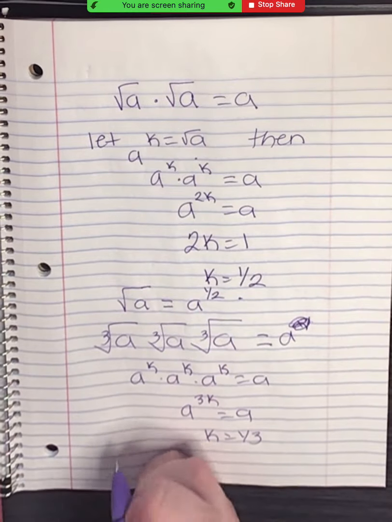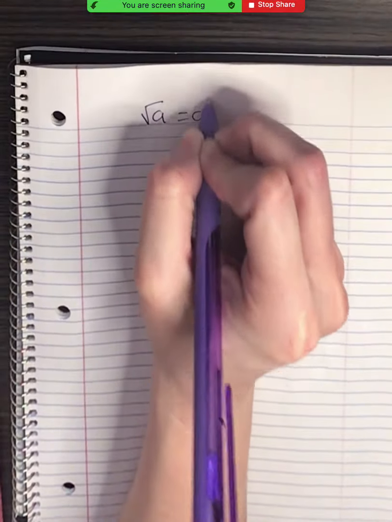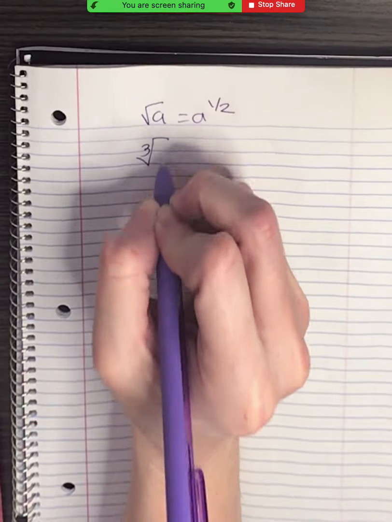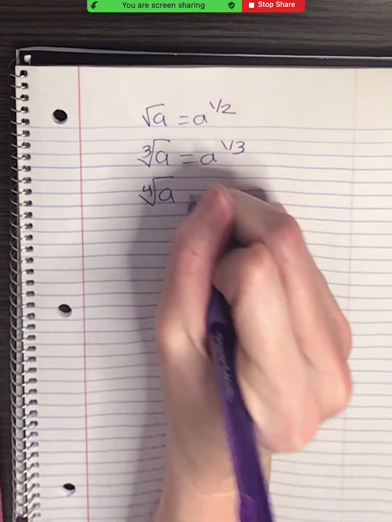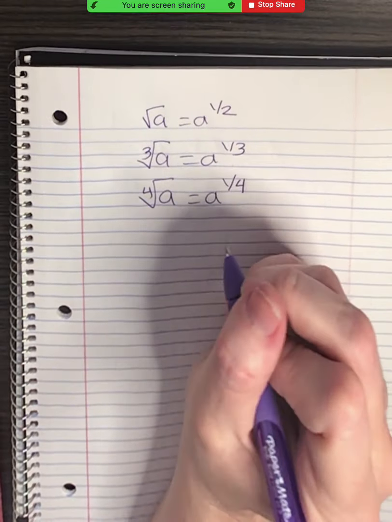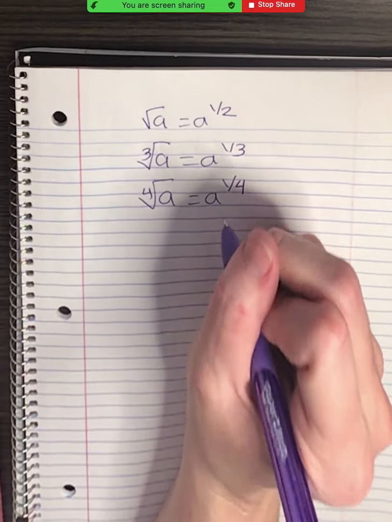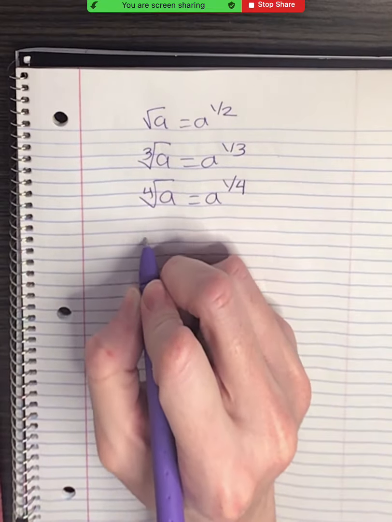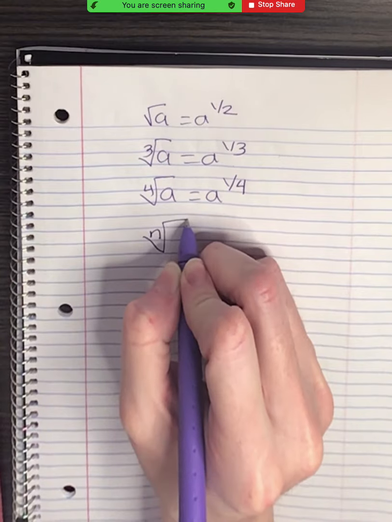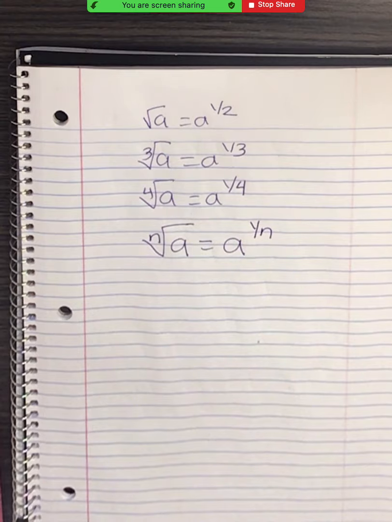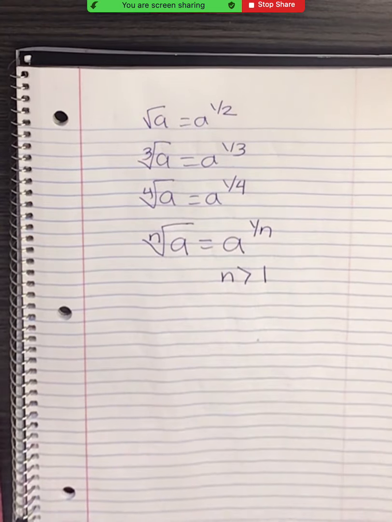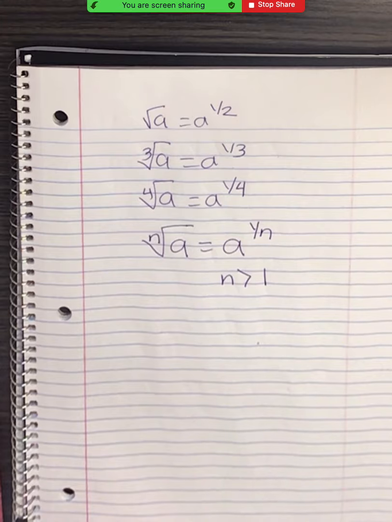So then that tells us that the square root of a is a to the 1/2. Cube root of a is a to the 1/3. I could do the same thing and get the fourth root of a would be a to the 1/4. Okay. Continuing this pattern, in general, we can generalize it and say the nth root of a can be written as a to the 1/n for any n greater than 1. Okay?